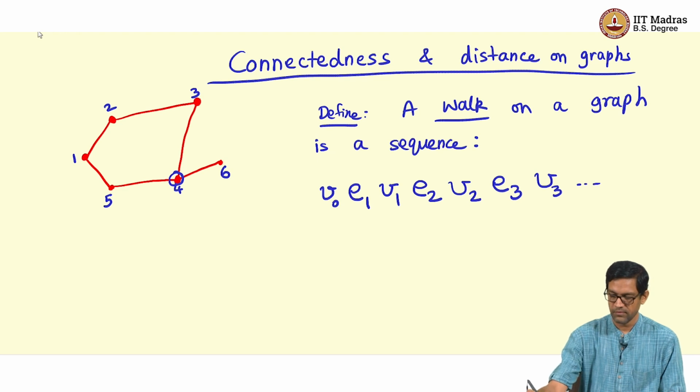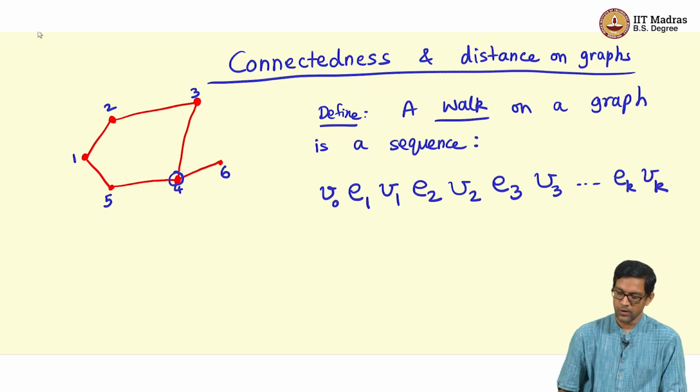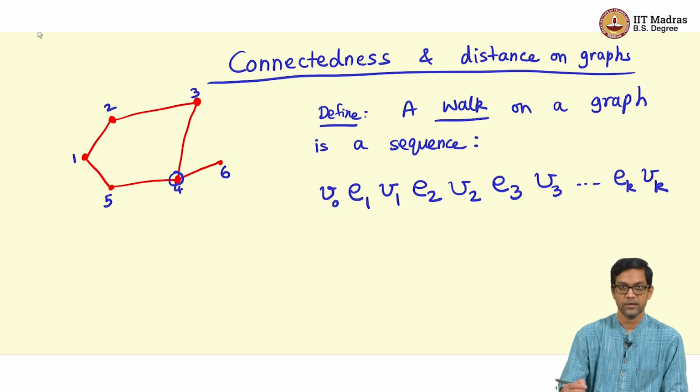So, here is a formal way of defining what a walk is. It ends at EK, VK. So, a walk on a graph is just a sequence which looks like this, V0, E1, V1, E2, and I can put commas if I want.